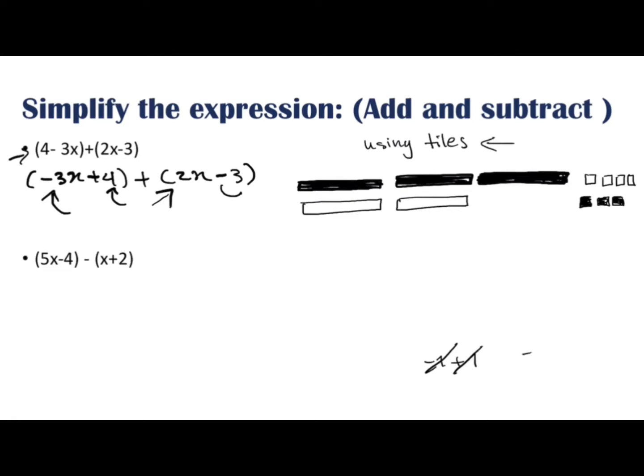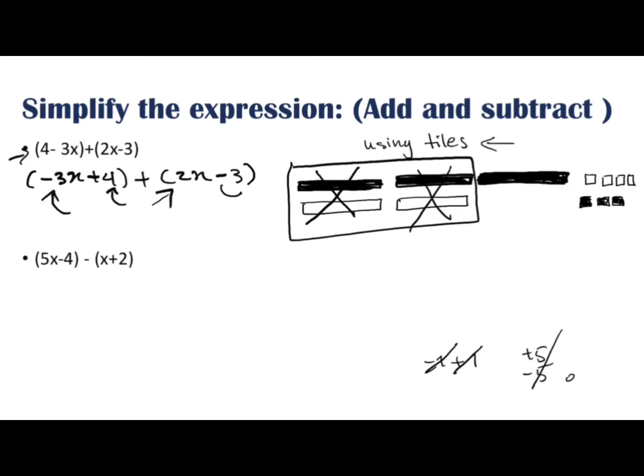Or if you have positive 5 and negative 5, it just gets cancelled, isn't it? Now using this idea, negative 1 and positive 1, we can just cancel it, and here we can cancel, cancel, cancel.